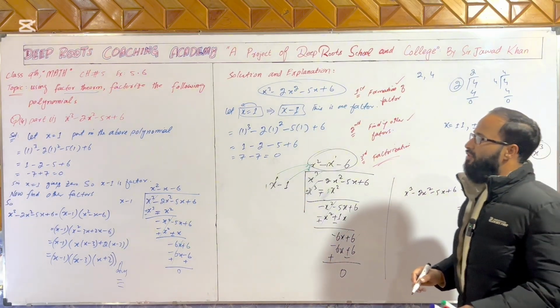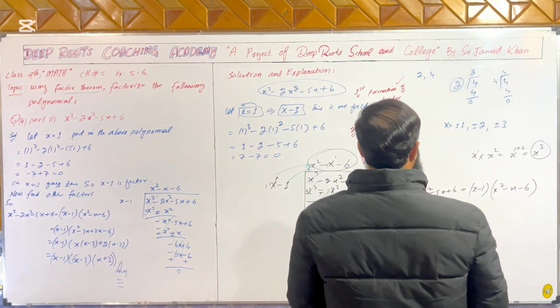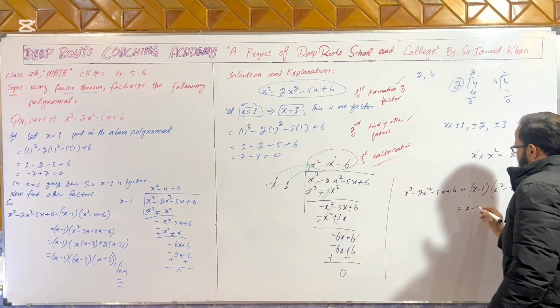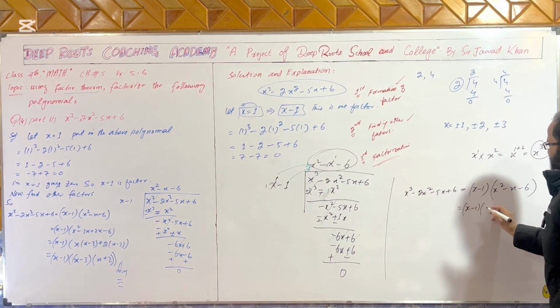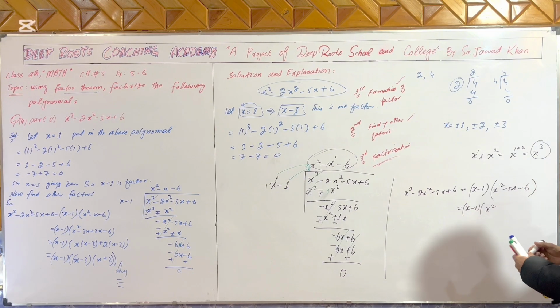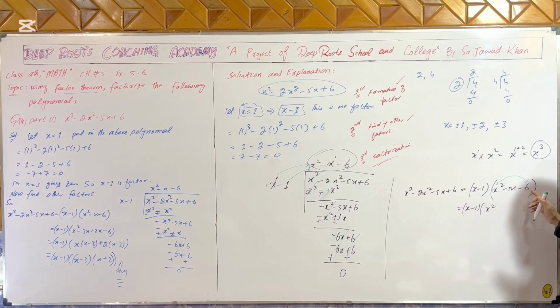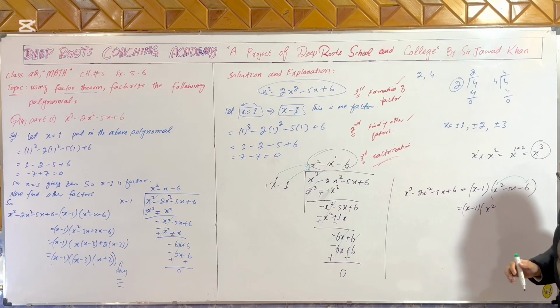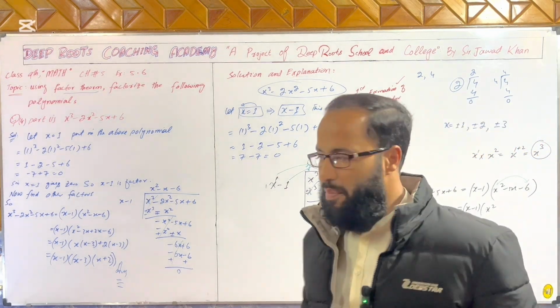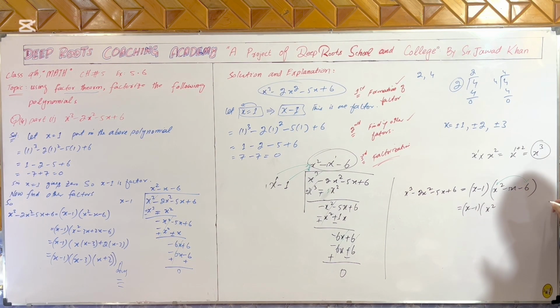And you have done lots of factorization processes in the previous exercises. Here x minus 1 and x square. Now here we have 1. Now here is a method used here. Minus 6 multiplied by 1, means the last one and the coefficient of the x square will be multiplied with each other, so it will give us minus 6.